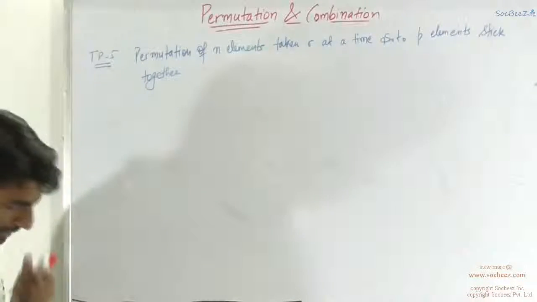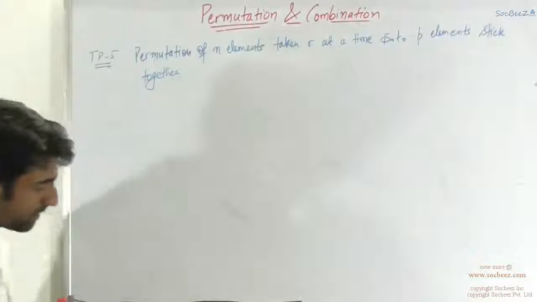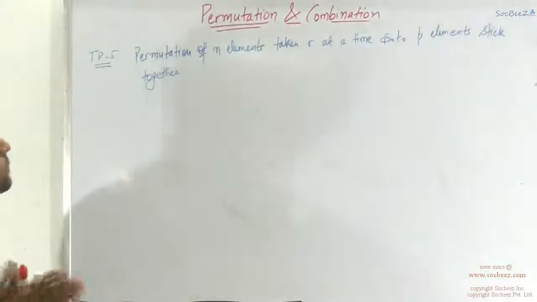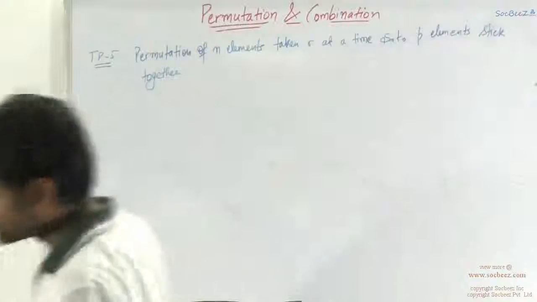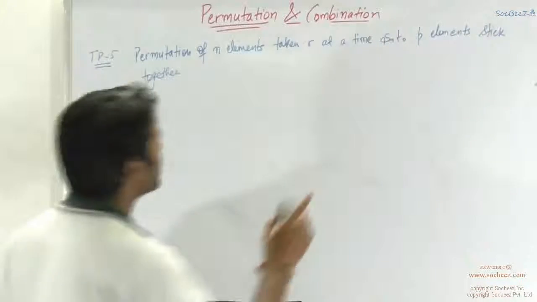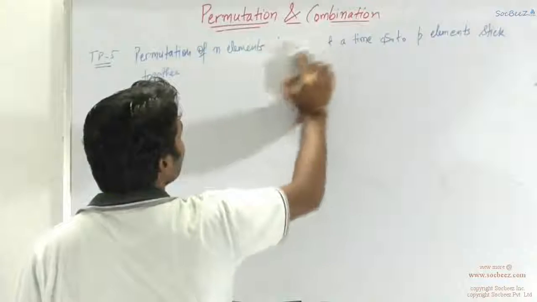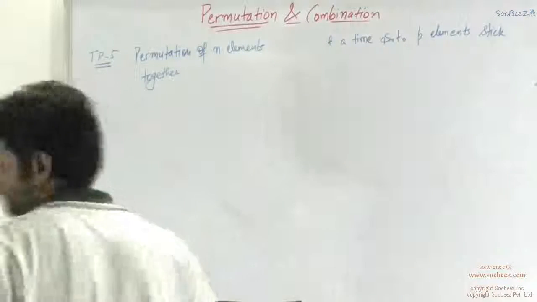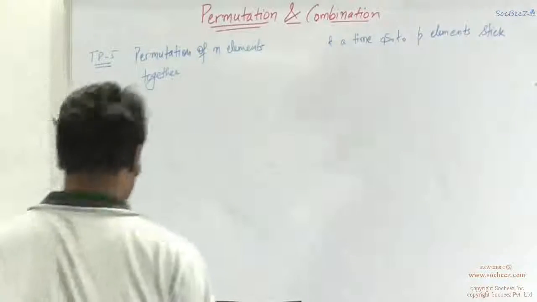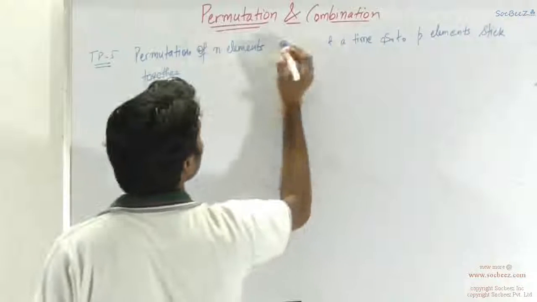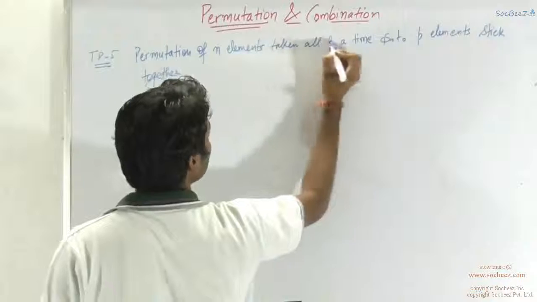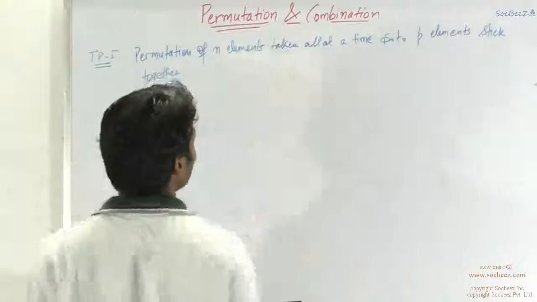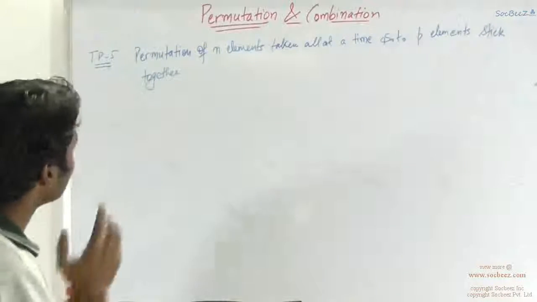So basically what we are doing is, first of all, we'll not choose r first. We'll try to understand the basic case. That is permutation of n elements taken all at a time, such that 3 elements stick together.